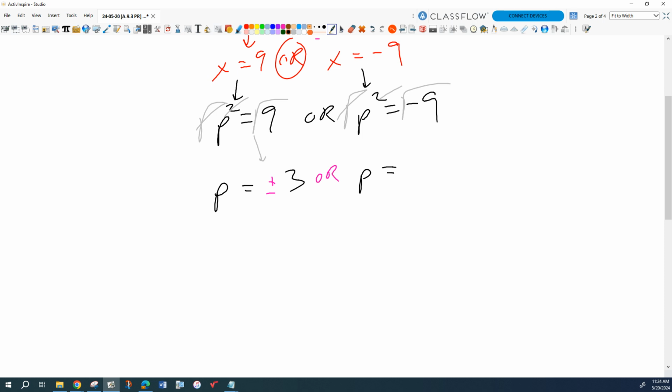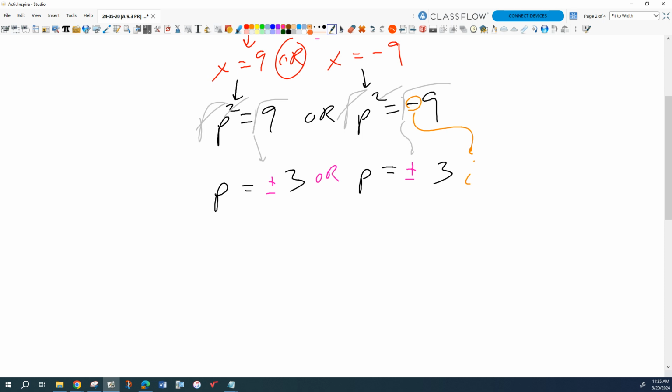Okay, good. So then this negative is going to be an i outside. And what's the square root of 9? 3. So is that right? No, plus or minus. Again, I have to have that plus or minus, right? Because we square rooted both sides. So I need that plus or minus.